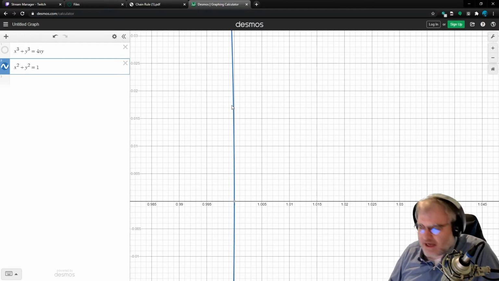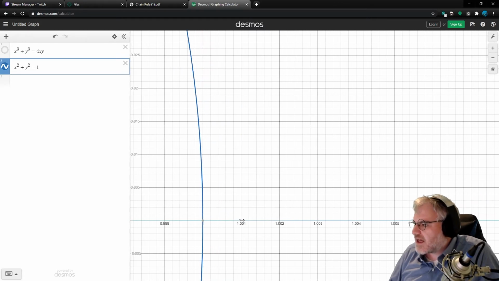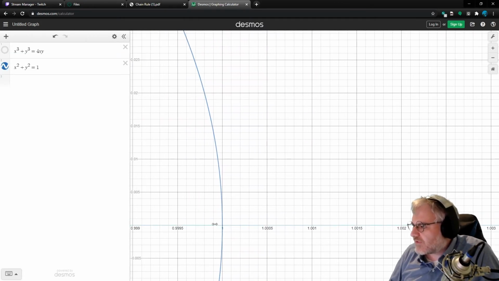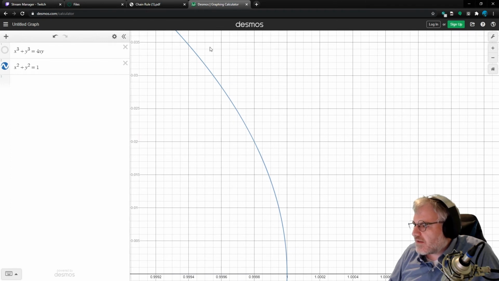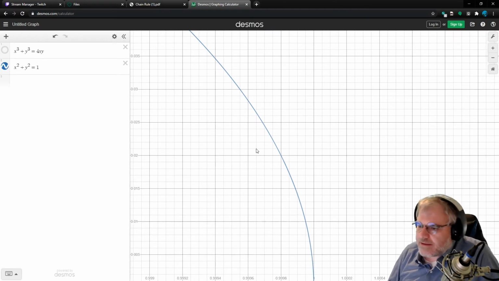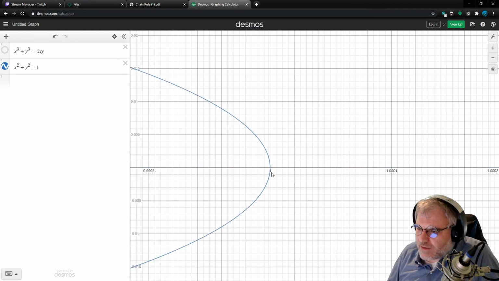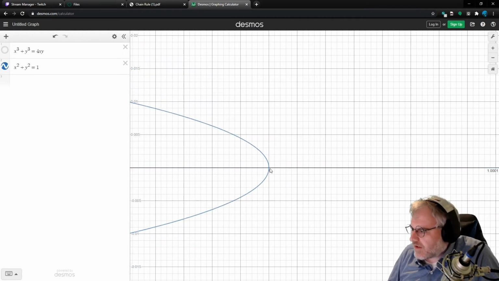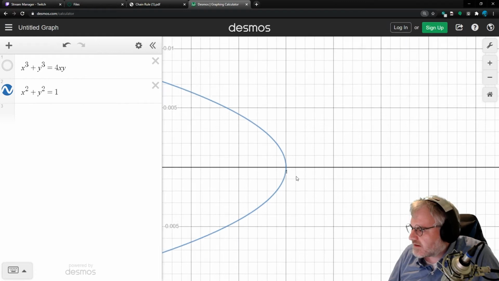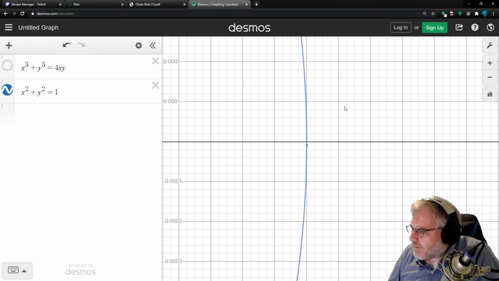I can zoom in enough, and as a matter of fact, I can zoom in just using one of the axes. I can zoom in enough that eventually I can consider it and have a function at that point. But I can't do that at 1. No matter how much I zoom in, I'm never going to pass the vertical line test here.